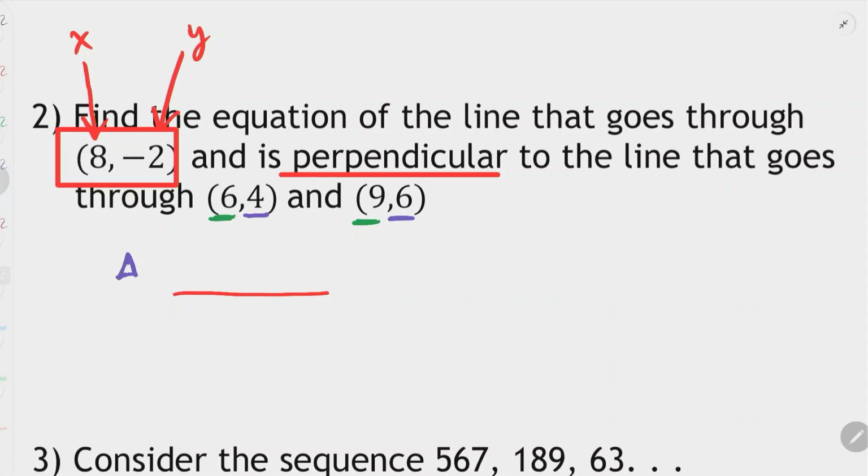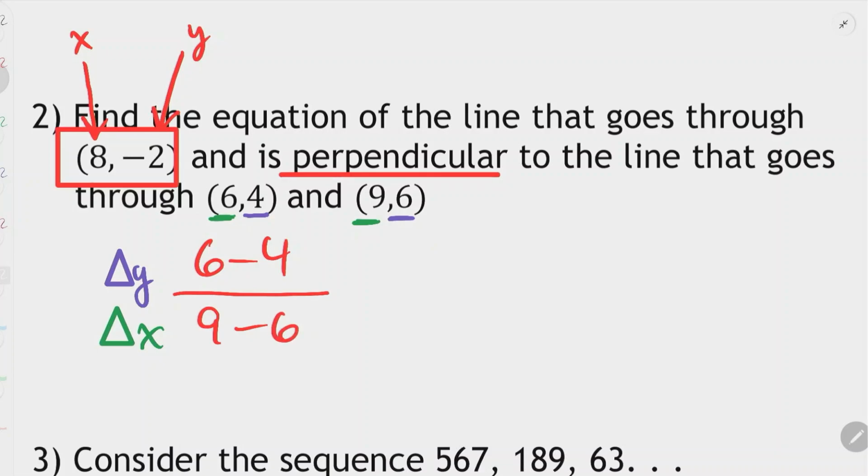Oh, I can make a triangle, that's so much fun. And in the denominator, we're going to put the delta x. There we go. So the change in my y values looks like 6 minus 4, and the change in my x values looks like 9 minus 6.